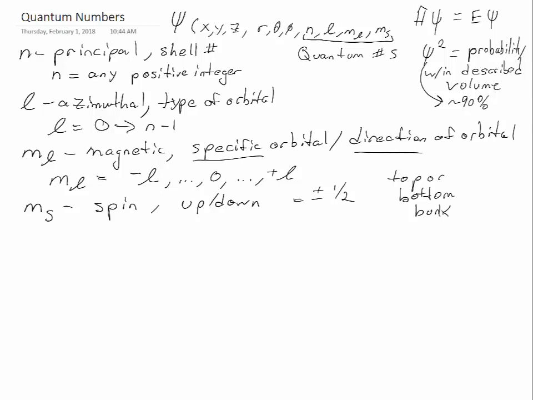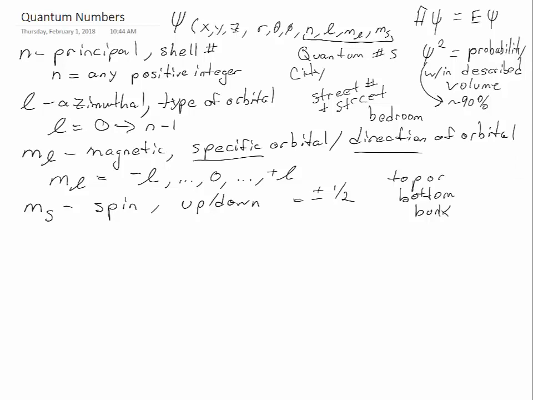And the magnetic quantum number would tell us which bedroom you were in. The azimuthal quantum number would tell us the street number. And let's say the street. And then the principal quantum number might tell us something like the city.